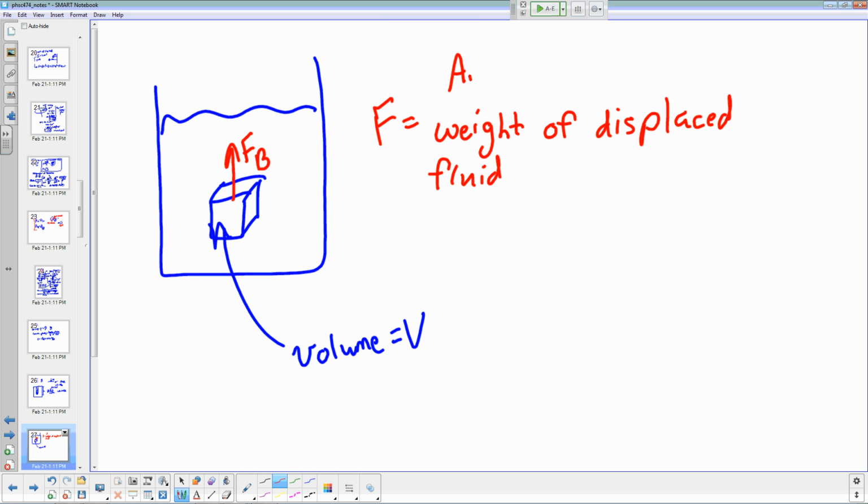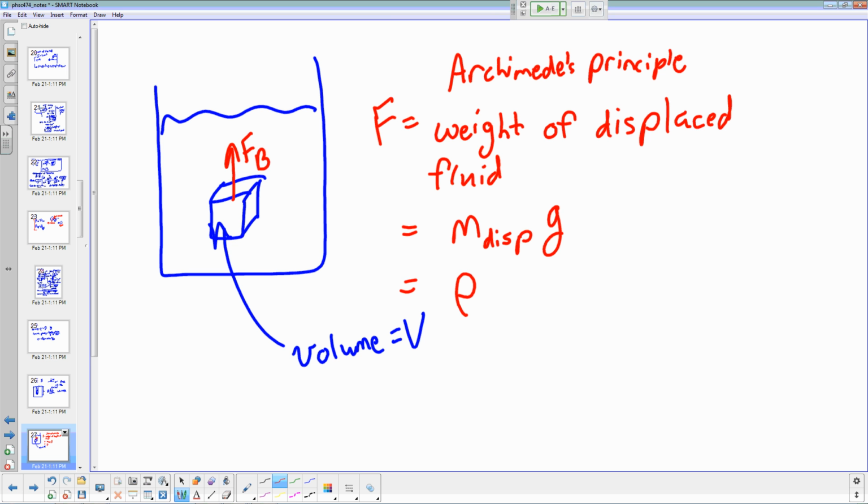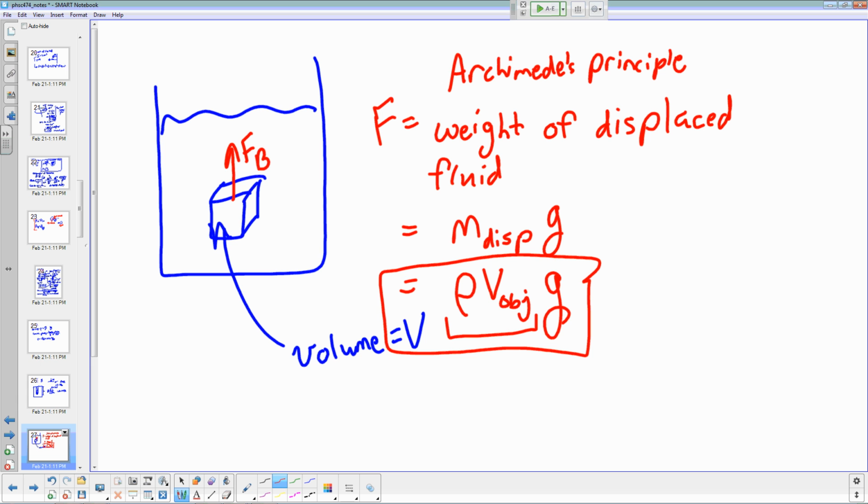This is called Archimedes' principle. The weight of the displaced fluid is equal to the mass of the displaced fluid times g, just by Newton's second law. And the mass of the displaced fluid is equal to the density of the displaced fluid times the volume of the object. This is just based on our definition of density: density is mass over volume, so mass is density times volume. So the buoyant force is rho V g.